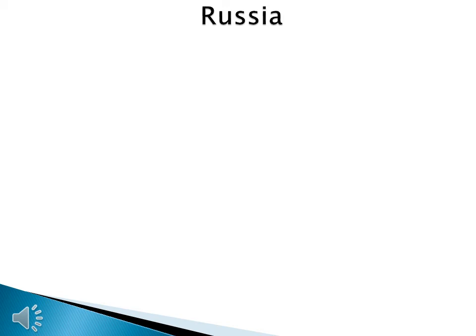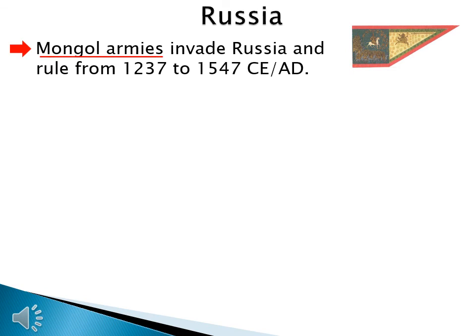Western Europe is not the only place we find nation states. In fact, one of the largest nation states on the planet still exists today, and that's Russia. Mongol armies invade Russia and rule from 1237 to 1547 CE. Mongols have a tremendous impact on Russian history, but they do not unite the country.